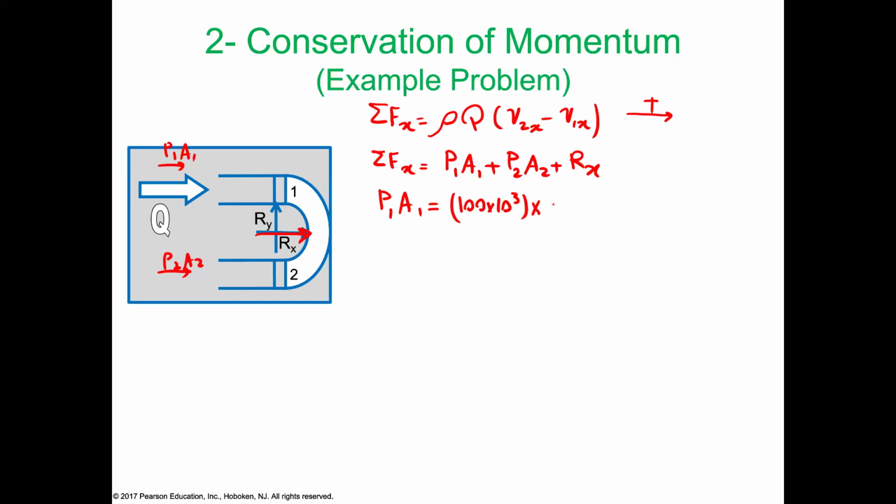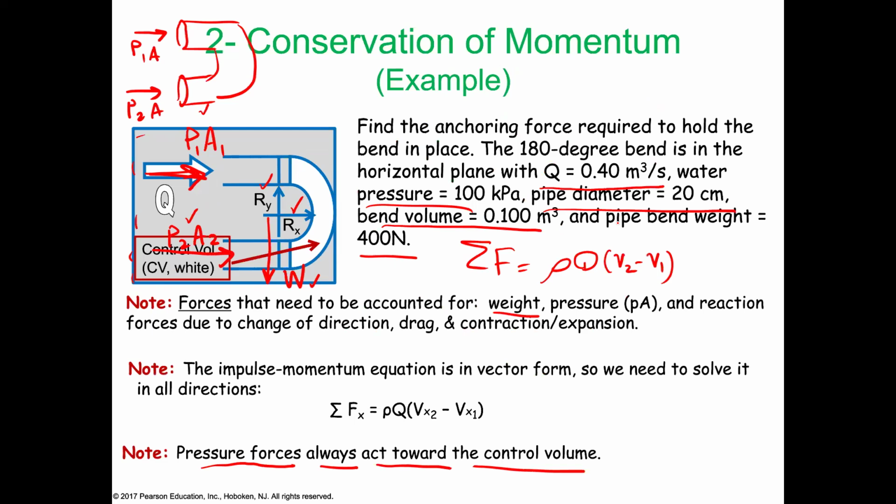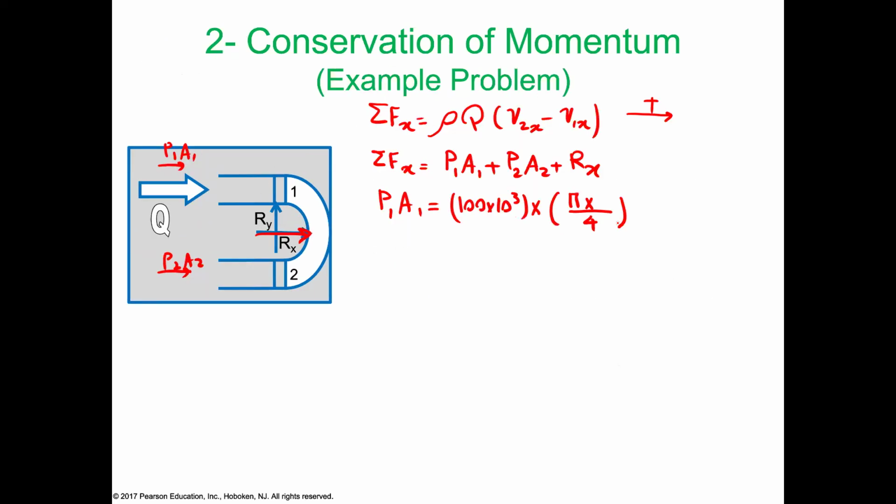What was A1? Pi, what was the diameter? Remember that? Pipe diameter, 20 centimeter. That's correct. 20 centimeter. Area, P1. So I think I have the number here.